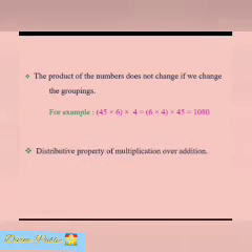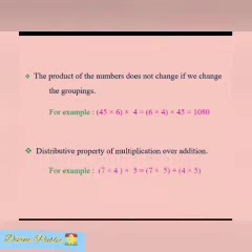Now the next, distributive property of multiplication over addition. You can see the example. 7 plus 4 multiplied by 5 equal to 7 multiplied by 5 plus 4 multiplied by 5. In this example, 5 is distributed among both 7 and 4 together.